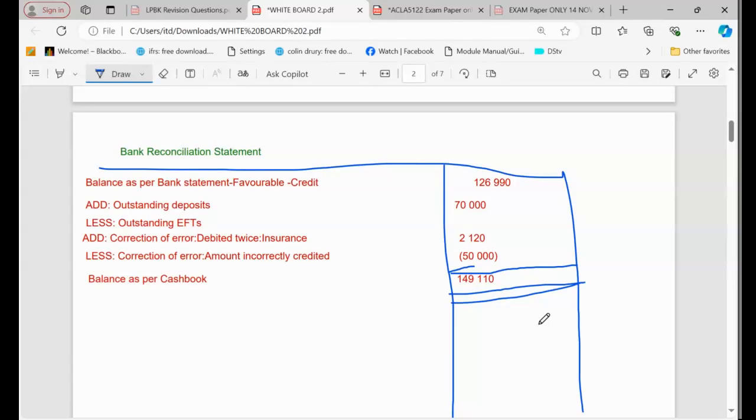Not bad. I think if they bring this one, you'll be good. Unless, you know, there are different ways of bringing it. They can also give you the bank statement, and then you must find these deposits and EFTs yourself. Do you know how to do it?